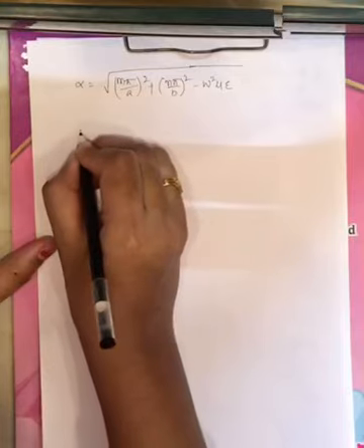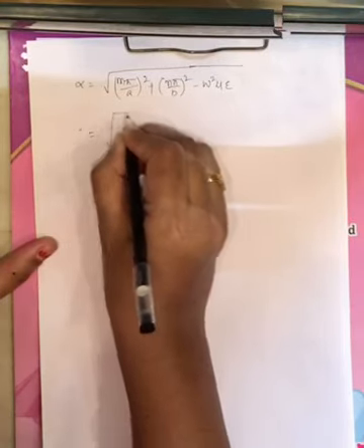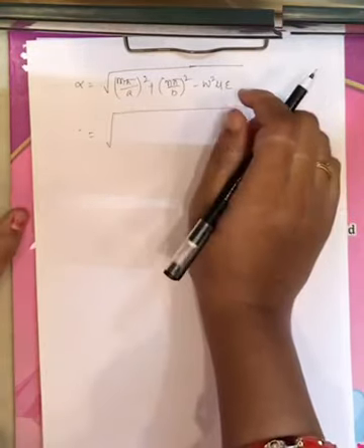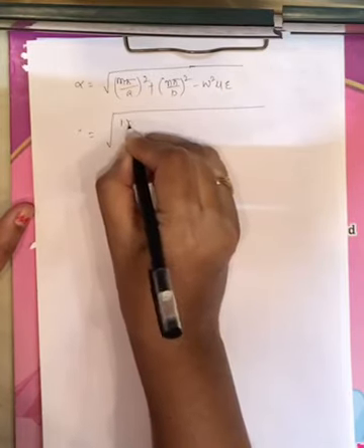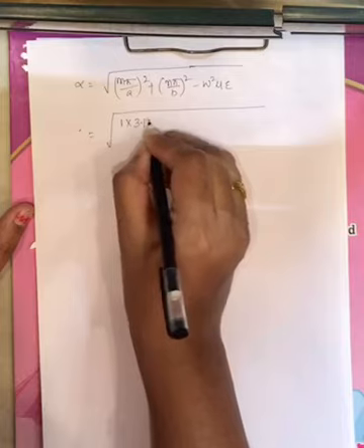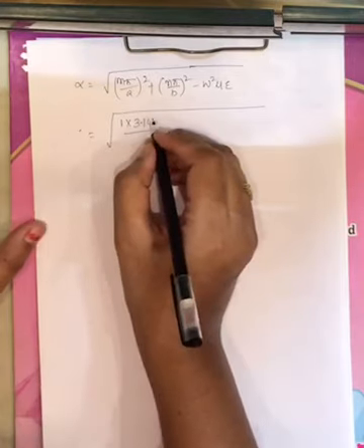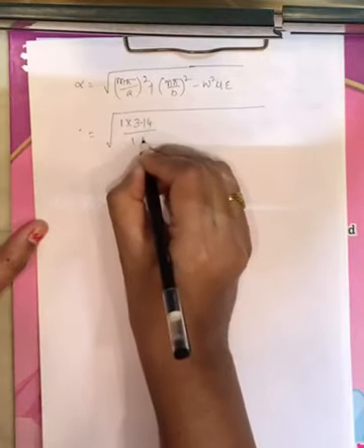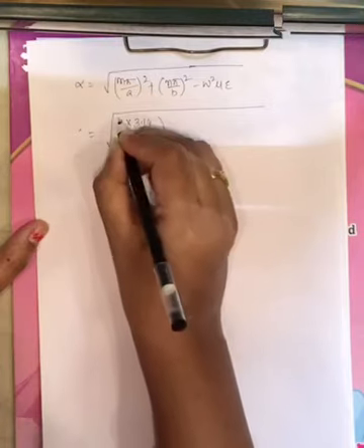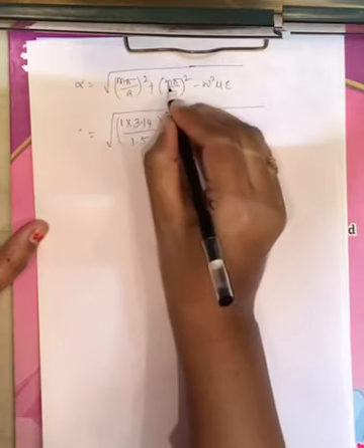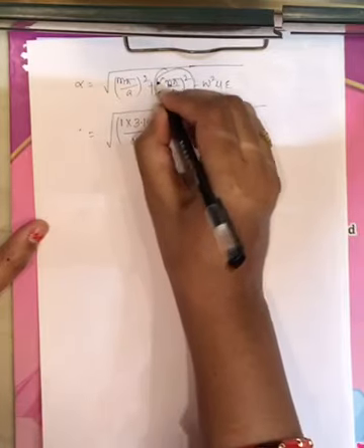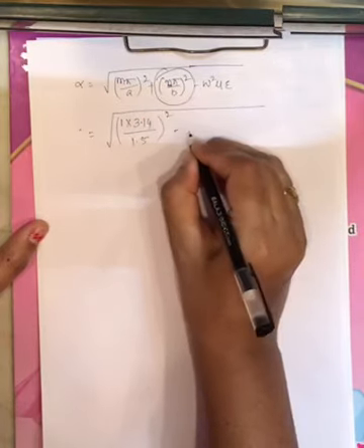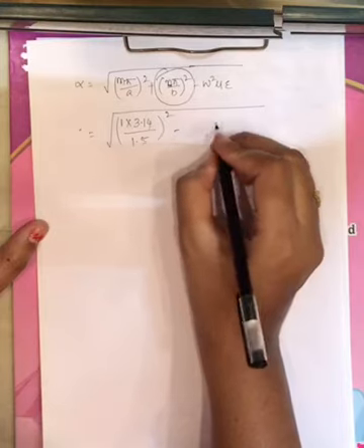That is equal to under root of, now what is the value of m? It is for dominant mode only, m value is 1. Now 1 into pi value 3.14. What is a value? That is mentioned in the problem, 1.5 centimeter whole square. Now n value is 0. Now this whole term will become 0, minus omega square mu epsilon, right?